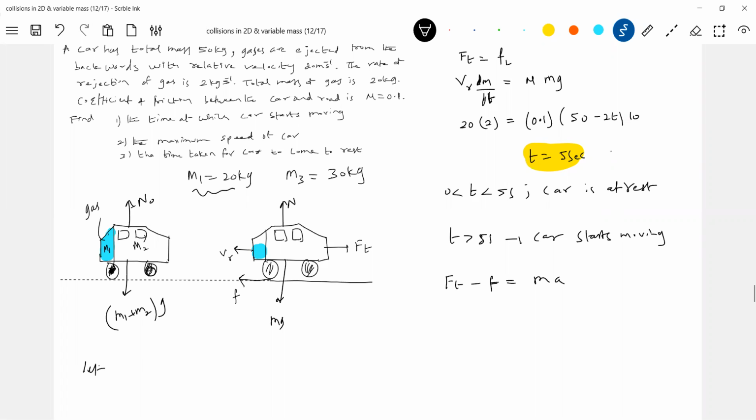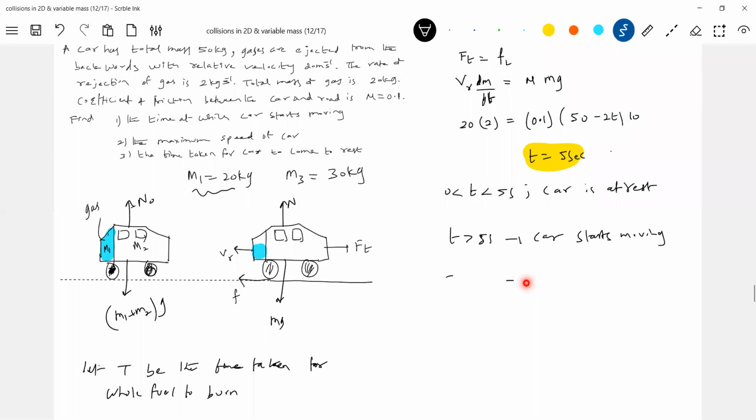Let T be the time taken. How to calculate this T?